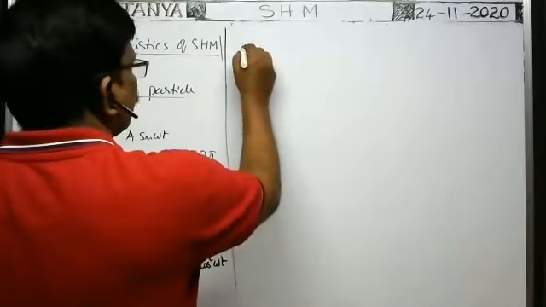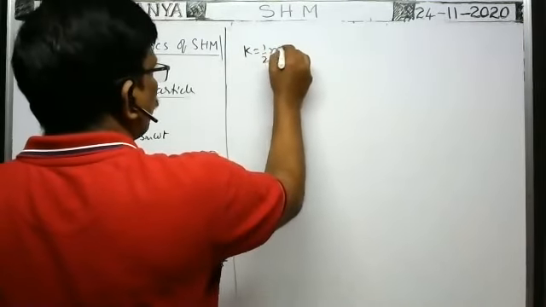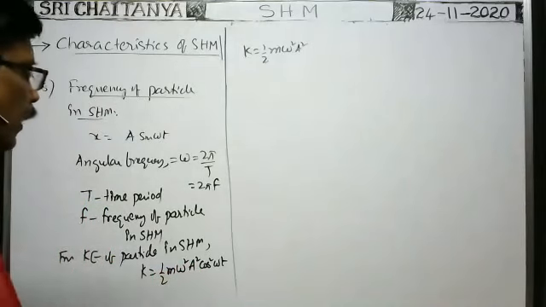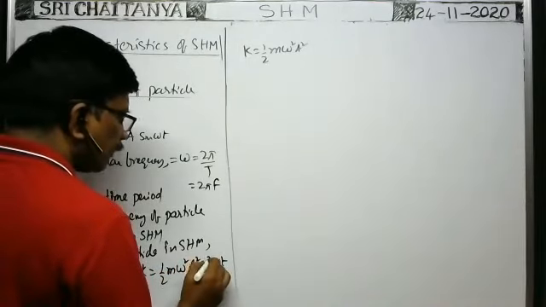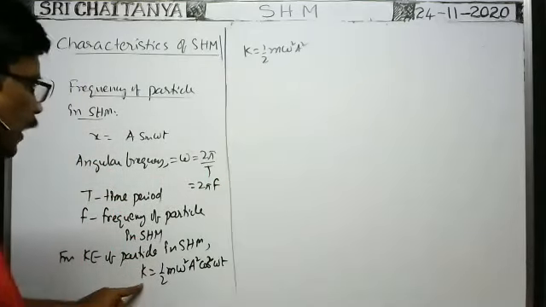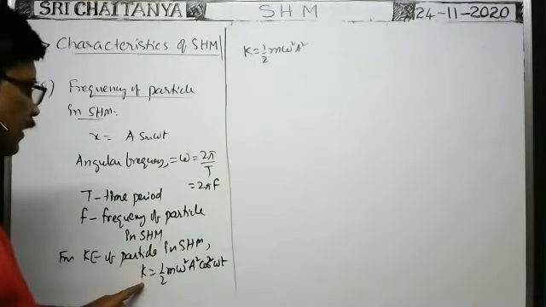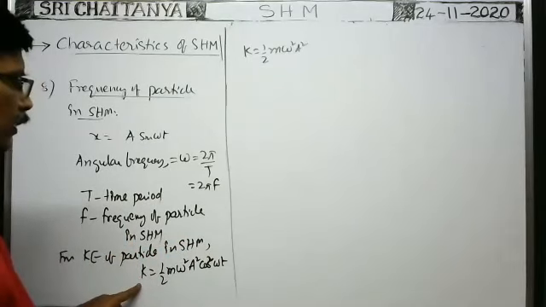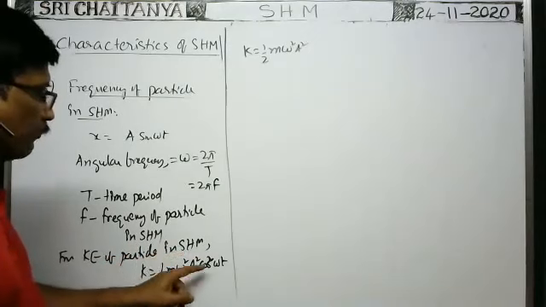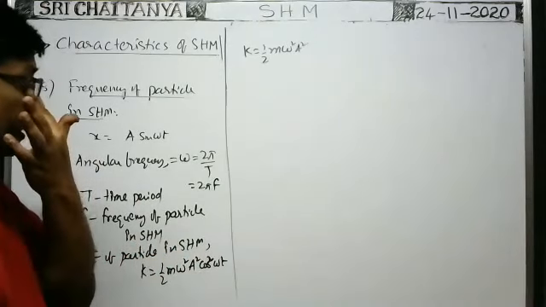From this formula, K is equal to half m omega square A square into cos square omega t. In order to know the frequency of the varying kinetic energy of the particle, because kinetic energy changes with time, how can we write the variable kinetic energy in terms of a cosine function only? The square should not be there.